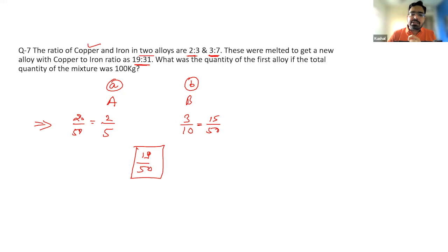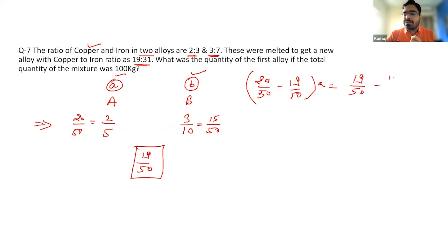Now, what am I going to say? Of course, 20/50 will be greater and 15/50 will be lesser as compared to 19/50, right? So A should create a surplus, B should create a deficit. So 20/50 minus 19/50 into the quantity A must be equal to 19/50 minus 15/50 into the quantity B, of course.